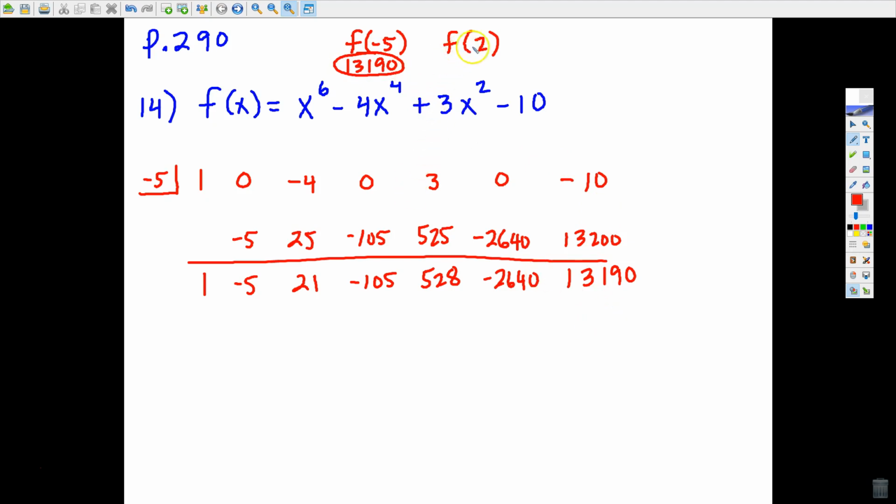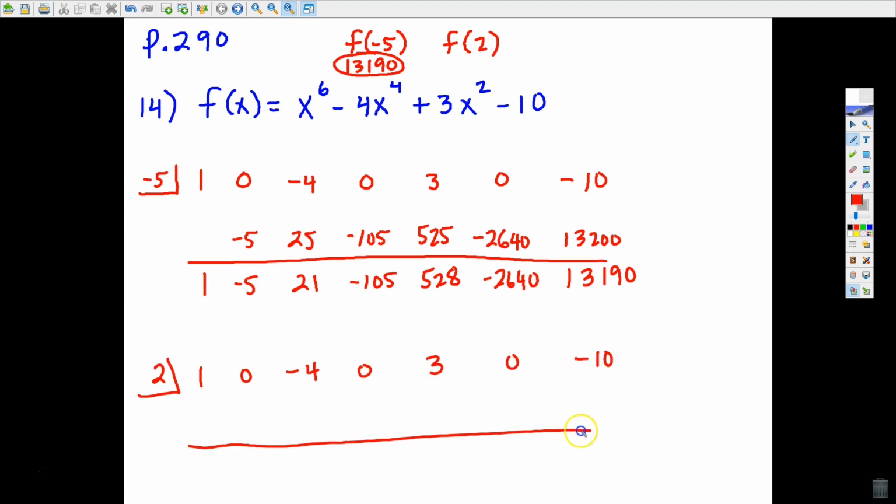Alright, and now we're going to do the same thing for f of 2. So we'll put 2 in the house, use these same coefficients and constant, and we'll go through the process.